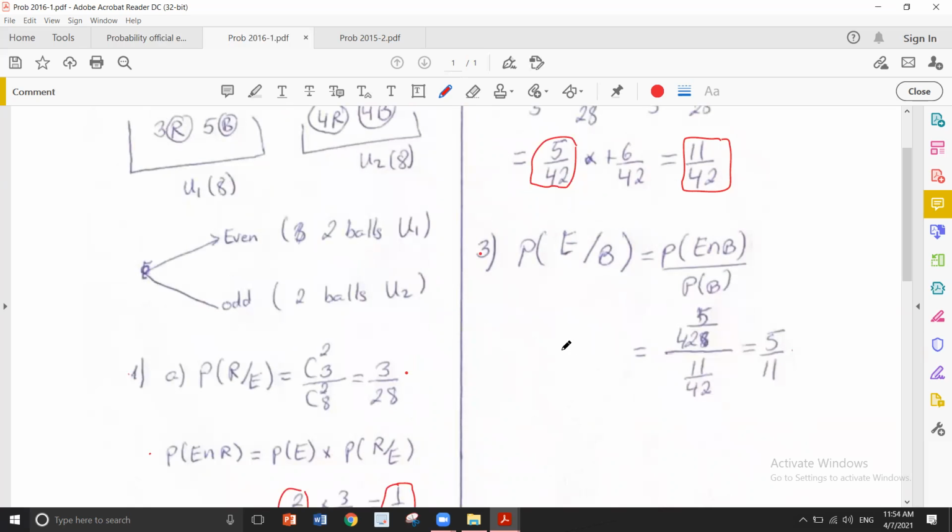Any questions about this part and this exercise? No. Sure, no? Come on, 2015 second chance. Anybody still writing?